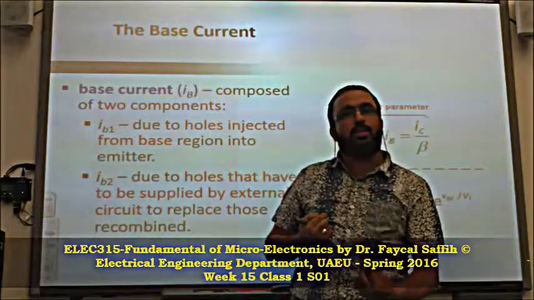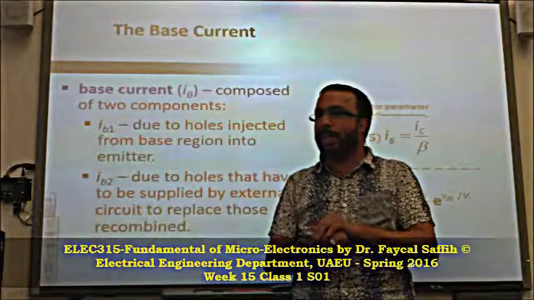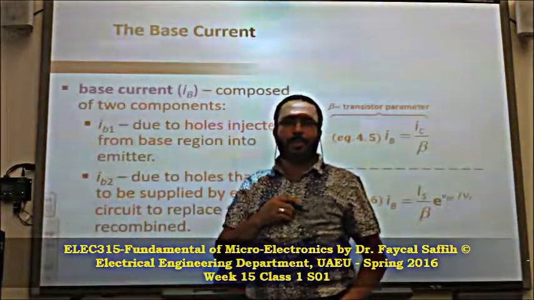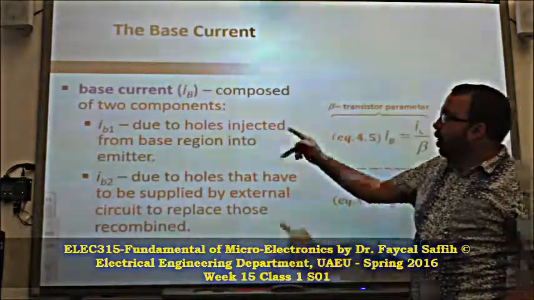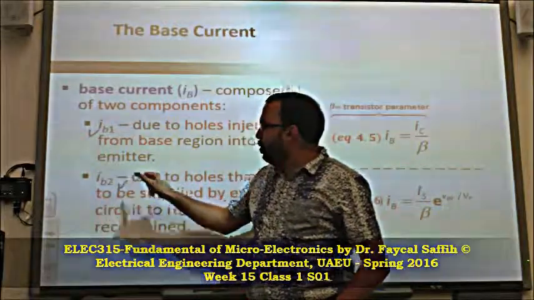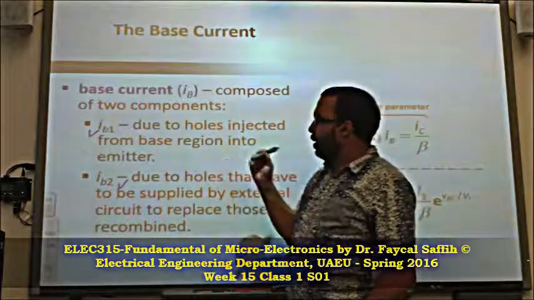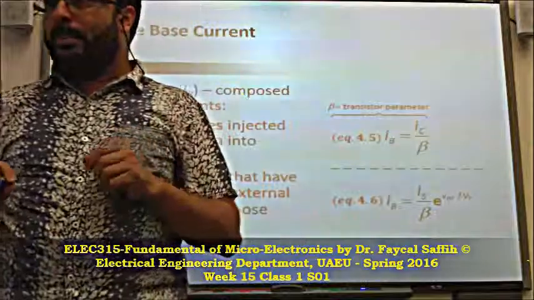So some current has to be injected to the base to restore the number of holes there. That current we call the base current. So we know the origin of the base current. It's composed of two components, IB1 and IB2. What's IB1? It is due to the holes injected from the base, because we said it's forward bias, which means the base injects some holes.